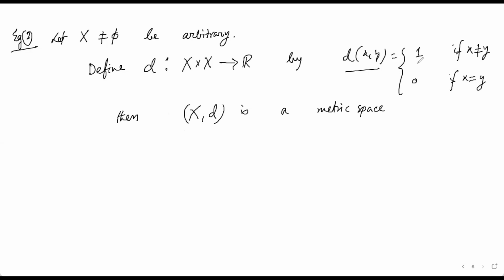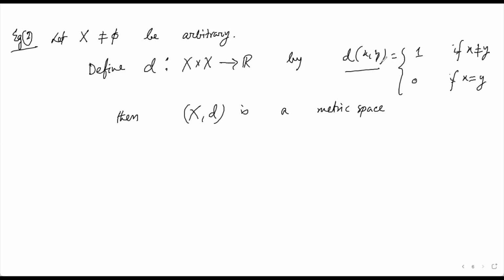So this is always non-negative, and equality holds if and only if x equal to y. And when x equal to y, then d(x, y) equal to 0, and d(y, x) is also equal to 0. So d(x, y) equal to d(y, x). And when x is not equal to y, then both the values d(x, y) and d(y, x) are 1. So they are equal.